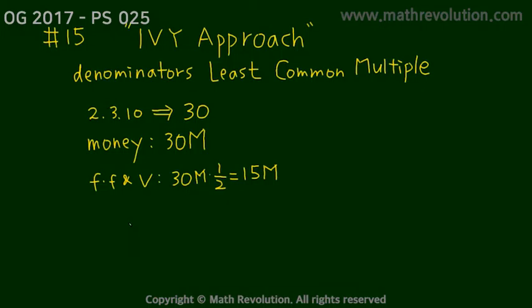And next, he went on to buy meat products. And how much did he spend here? 30M times, he spent 1/3. So 30M multiplied by 1/3 equals 10M.